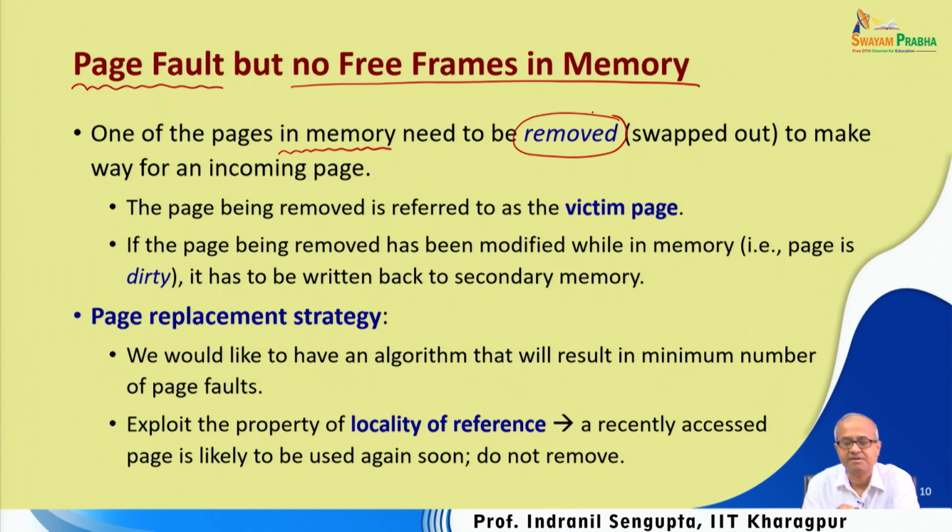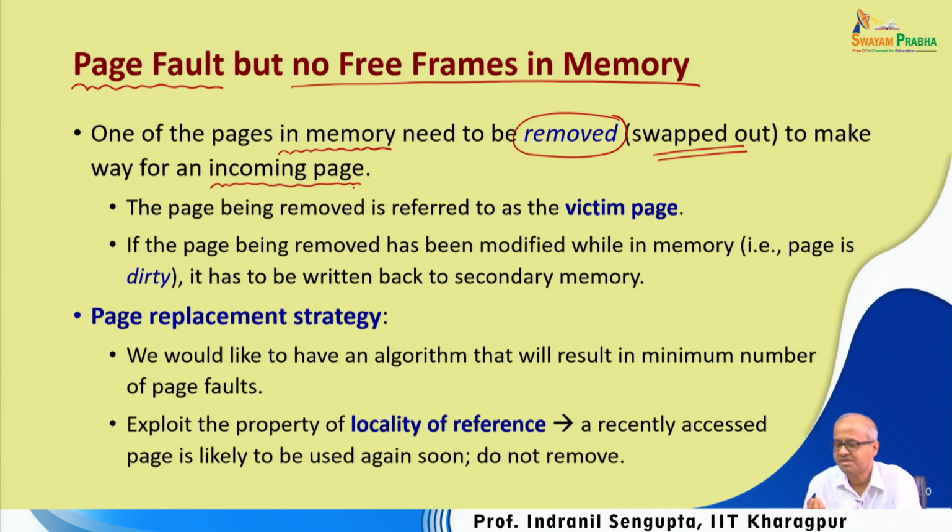This is the first thing, and when I say removed, we sometimes refer to this as swapped out. You move it away from memory, so that the page the process has requested, which is the incoming page, can be loaded in memory.